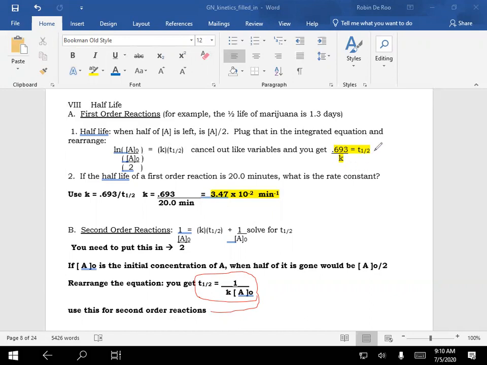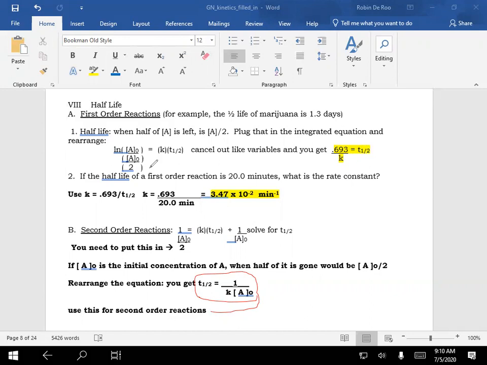Whenever a problem says it's a first order equation and it's asking you for the half-life, all you have to do is always use the 0.693 that comes from the math, divide by the rate constant, and you get the half-life. So let's look at a problem.